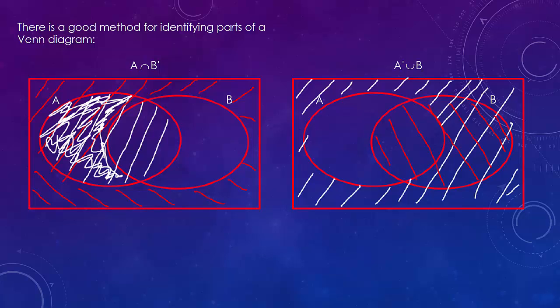So now we're going to take everything that's shaded, whether it's shaded once or twice. So that's all of the diagram except this bit in here, the bit that was left unshaded. So let's just rub that out. So it's everything except the unshaded part here.